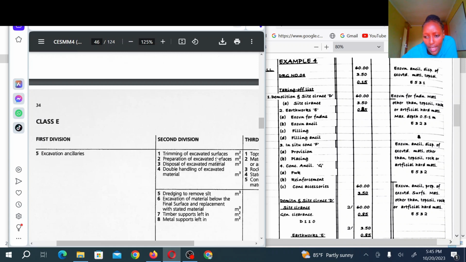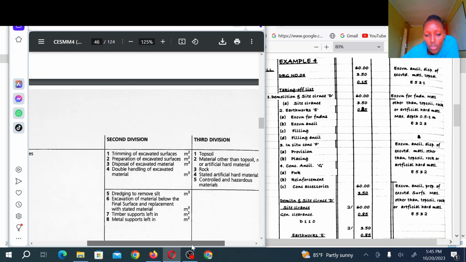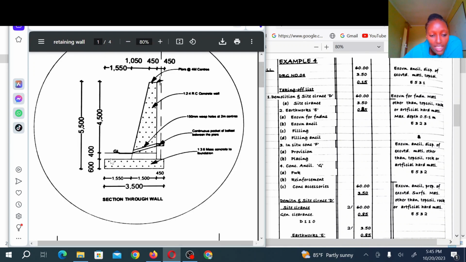We need to prepare so that it can receive any other material like the rock that will be imported. Because if you go to our drawing here, this part above the foundation, okay, we have excavated the foundation. We need now to compact the ground so that it can receive the foundation concrete.